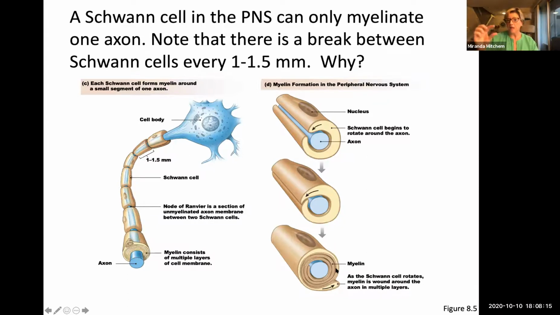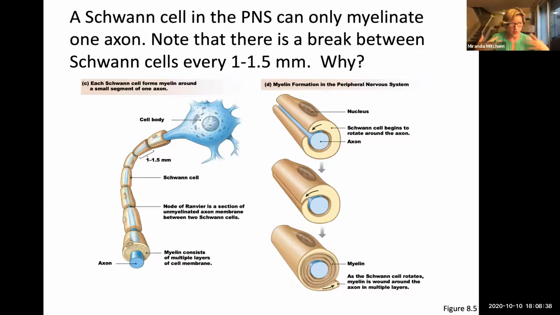And the thicker the myelin, the more insulating quality it has, which can mean the signal is sent quicker, because it doesn't have as much resistance as the signal moves down long distances.